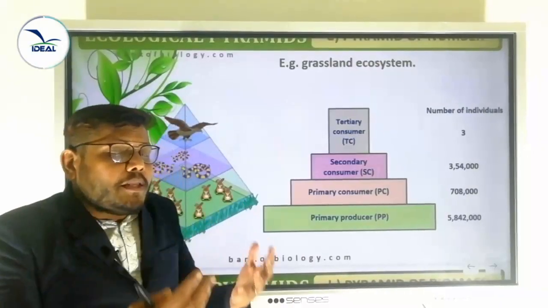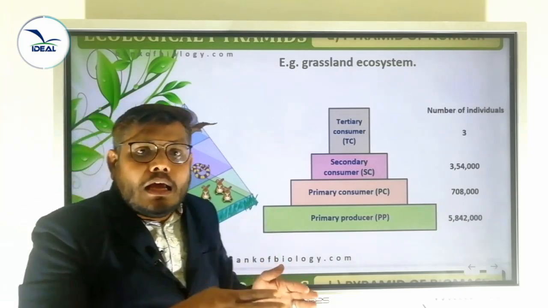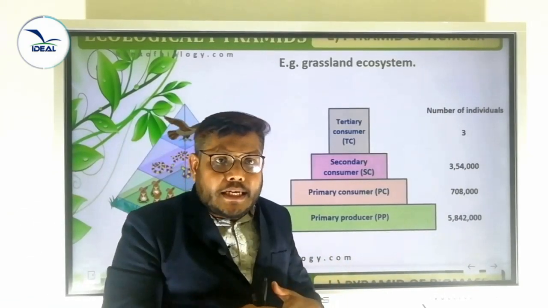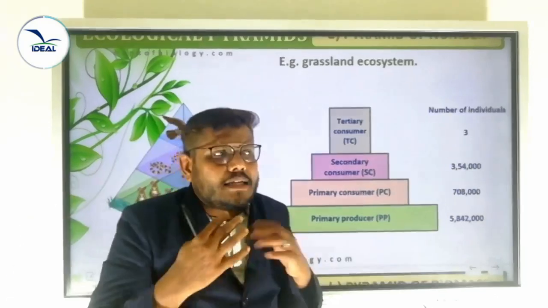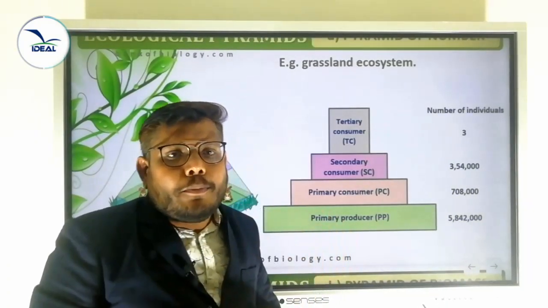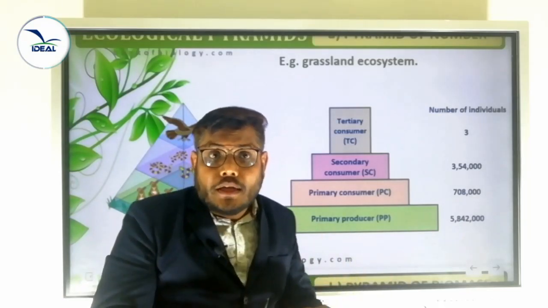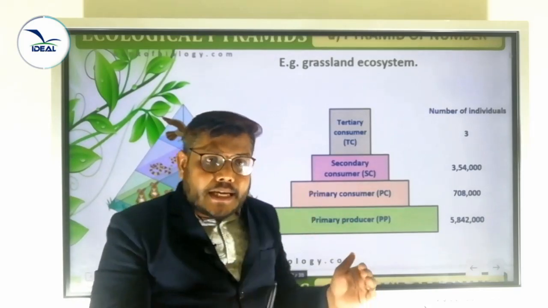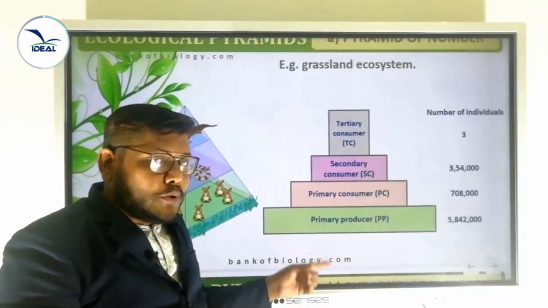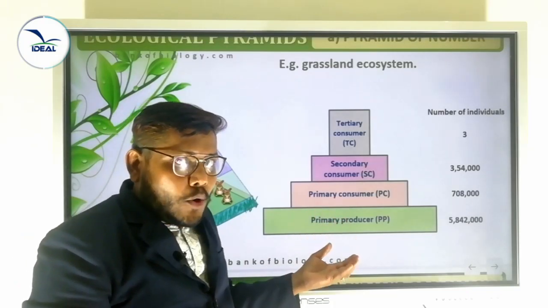At the same time, the pyramid of number can be inverted. Consider a food chain involving a parasite: the number of parasites is more than that of the host. For example, a single tree supports a large number of fruit-eating birds, which in turn support a large number of ectoparasites. In this case only one tree is at the producer level, so the base is narrow.